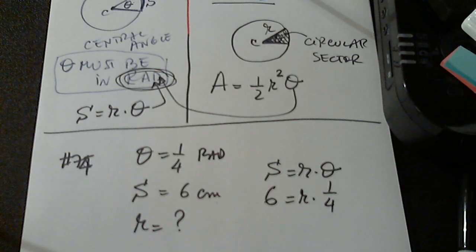The simplest linear equation. How much is r? What do I need to do to get r? Anyone, please?